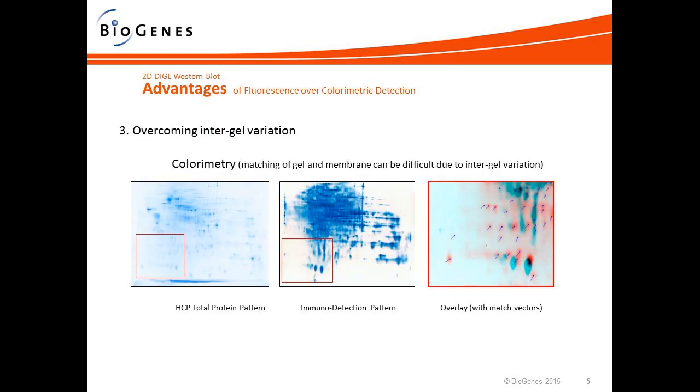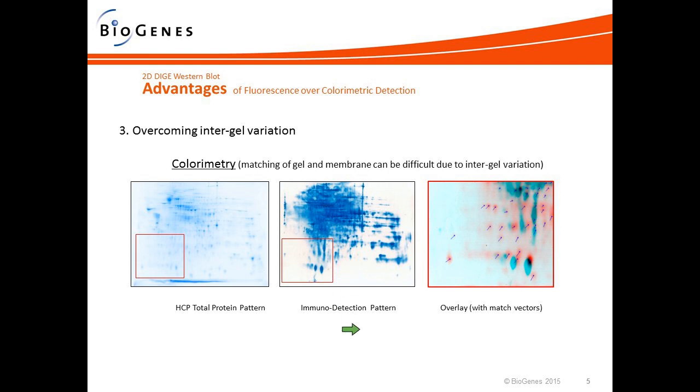The third advantage is overcoming intergel variation. The usual colorimetric procedure is running two gels, using one gel for total protein staining with Coomassie or silver, shown on the left, and using another gel for Western blotting with immunostaining, shown in the middle.